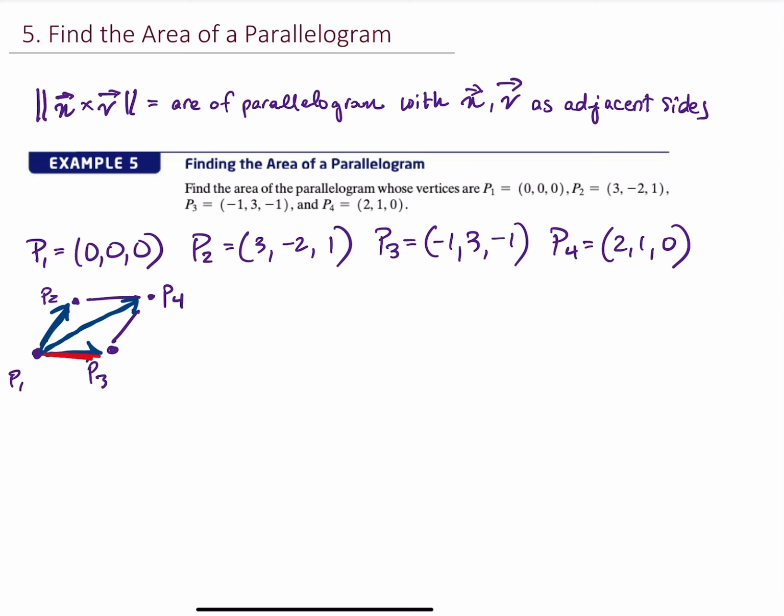So first, let's just find these three possible vectors. The one going from point 1 to point 2. We'll find the one going from point 1 to point 3. And the one going from point 1 to point 4.